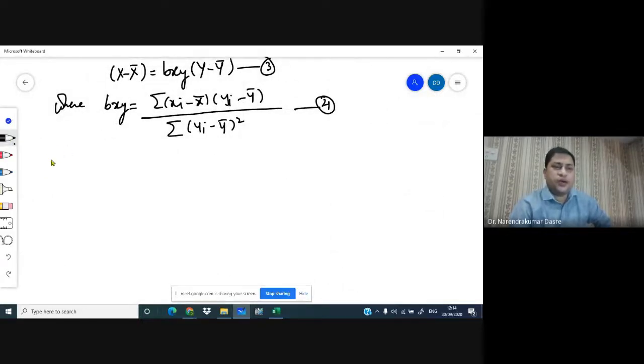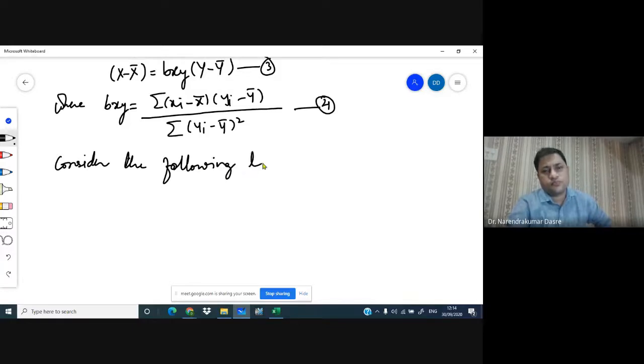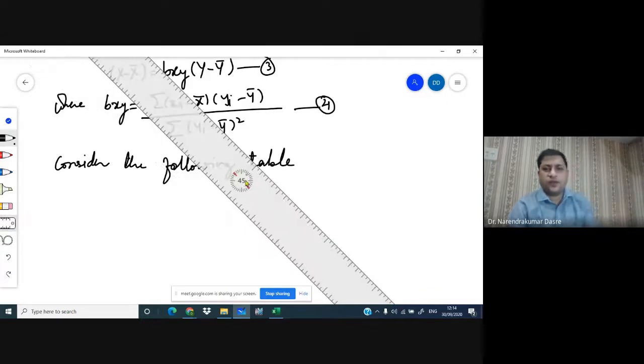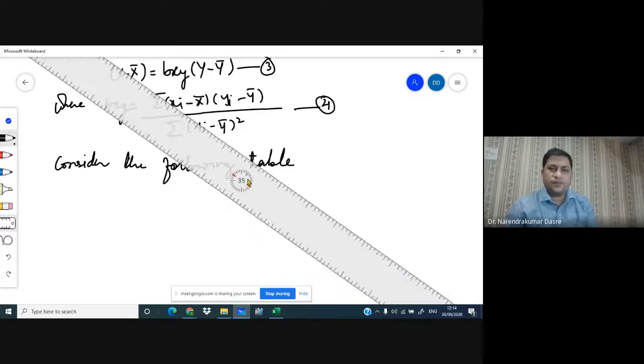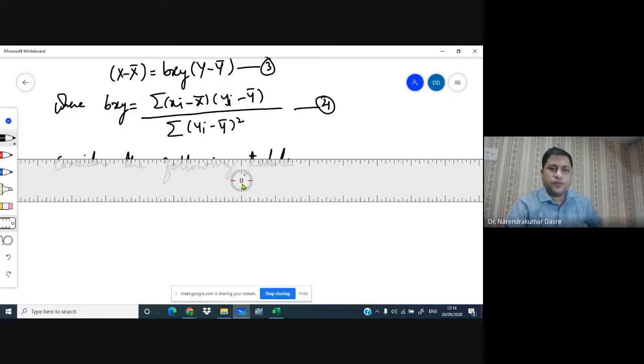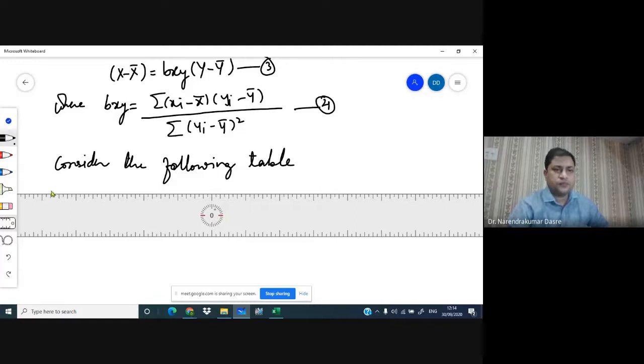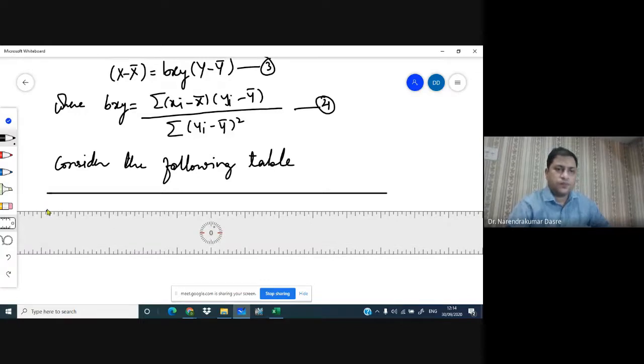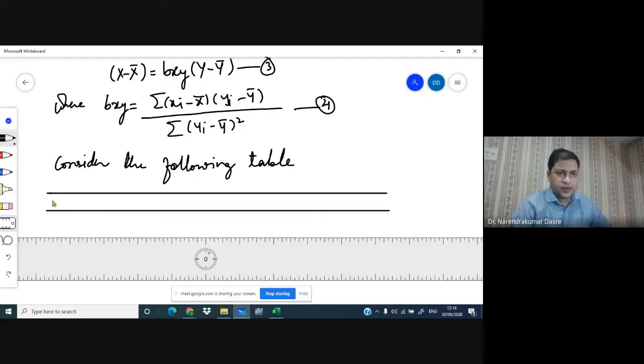So what do we have here? Consider the following table. What is given to us?